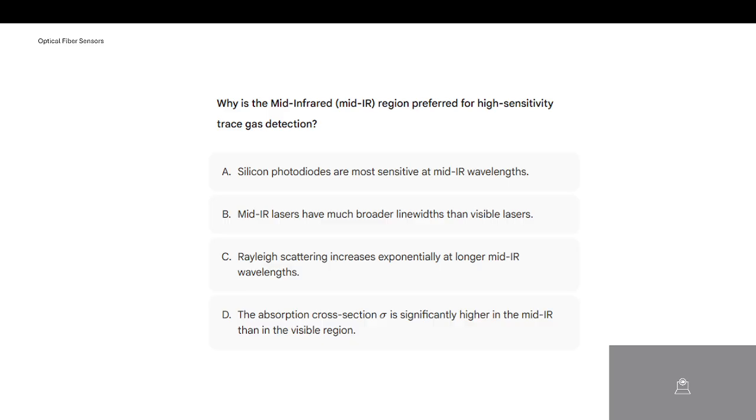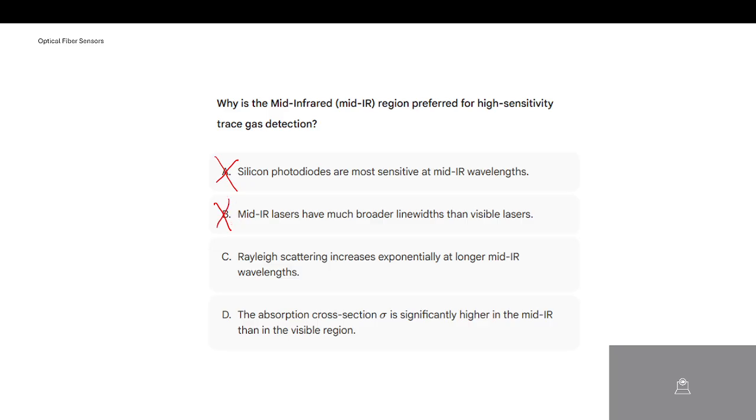So, silicon photodiodes are the most sensitive at the mid IR wavelength. That is not correct. They have most detection sensitivity in the visible range and near IR range. Indium gallium arsenide has the detection range in the mid IR. Mid IR lasers have much broader line width than visible lasers. It's not correct.